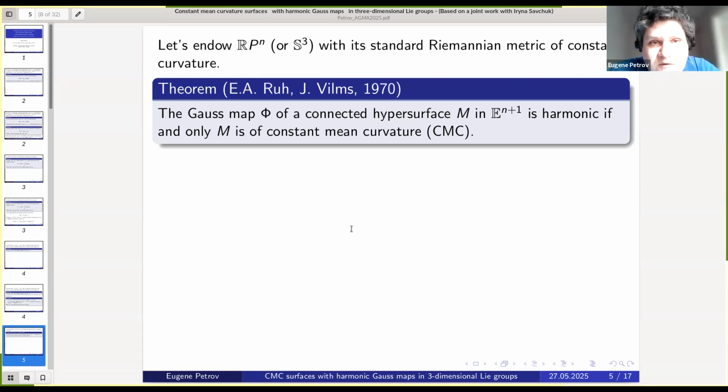Harmonic with respect to the standard metric of constant curvature on RP^n or S^n.